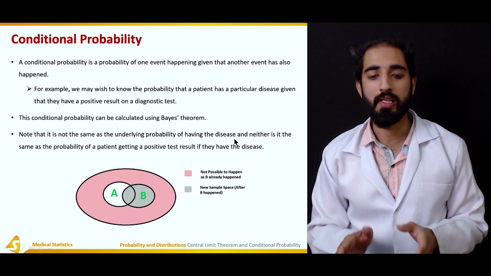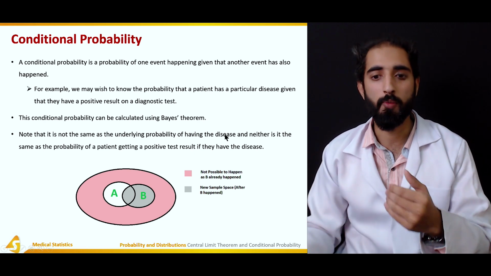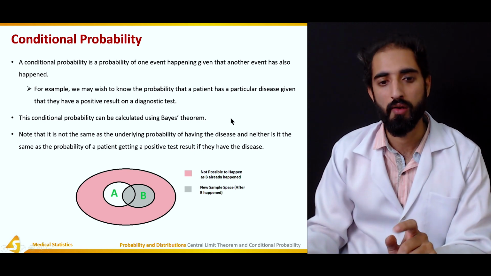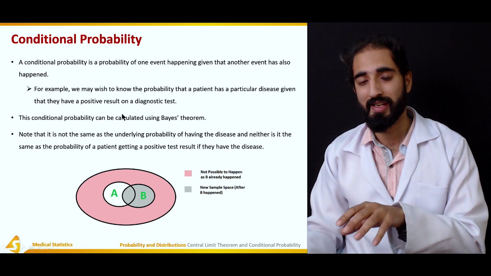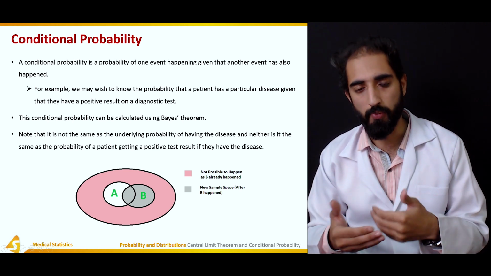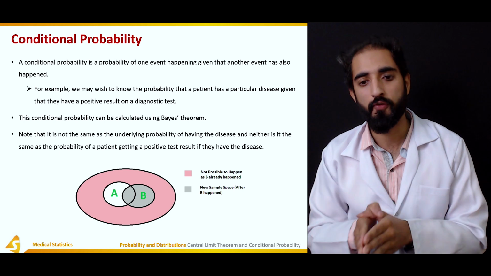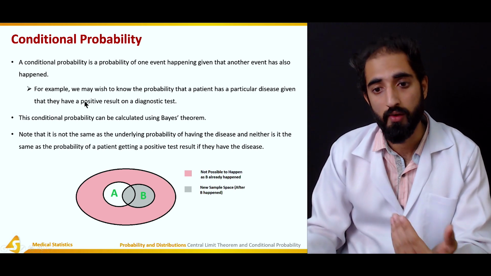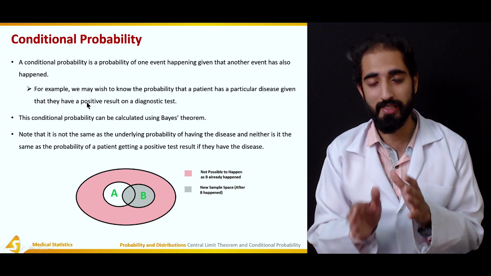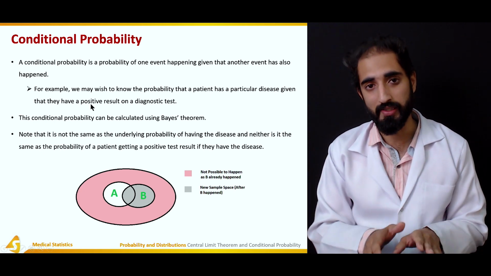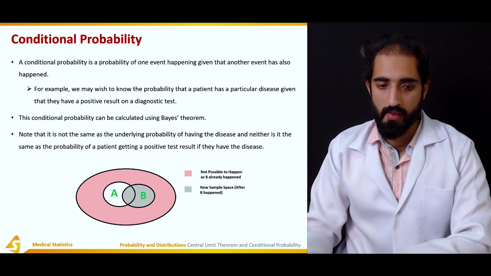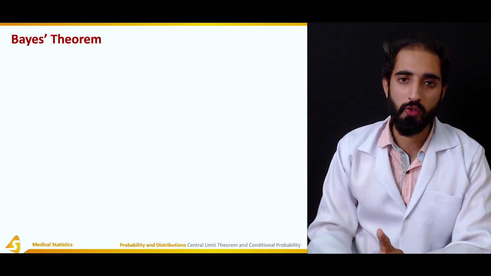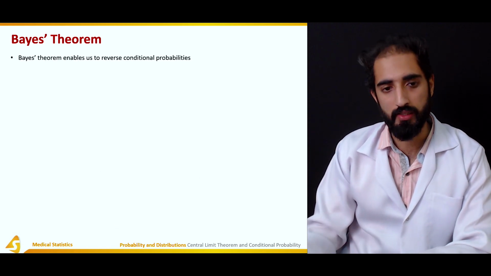Similarly, the probability of having a disease when the result is positive is different from the probability of the result being positive when the disease is present. So it is very important to understand because these are different things. And looking at Bayes' theorem would actually help us better understand that.